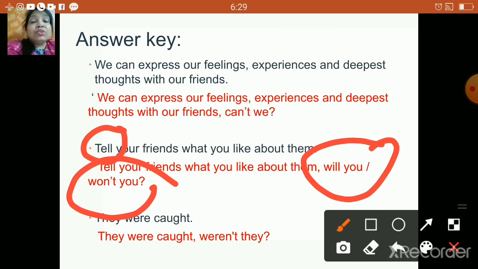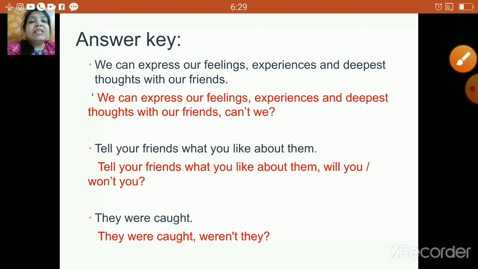So as per the rule, you can frame the question tag with either a positive or a negative. So over here we can say tell your friends what you like about them, will you or won't you? Next, they were caught, comma, weren't they?